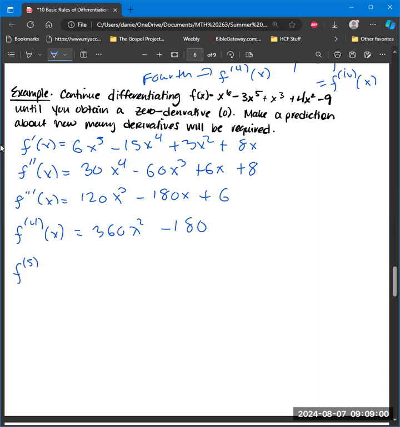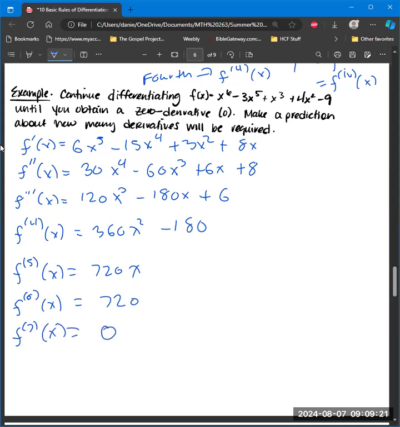Our fifth derivative is going to be 720x, and that constant drops off. Our sixth derivative is going to be 720, and our seventh derivative is going to be 0.